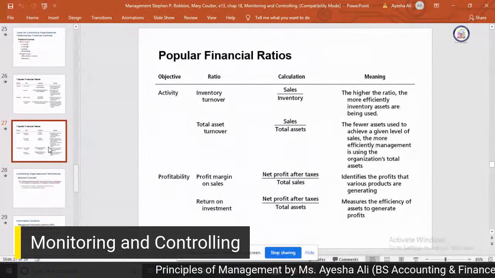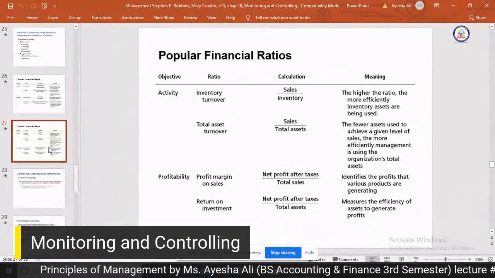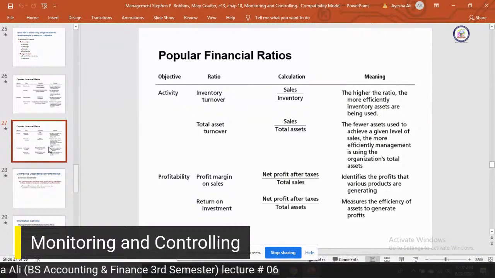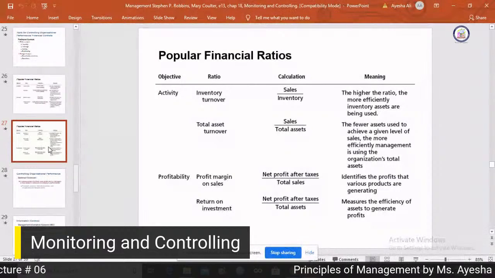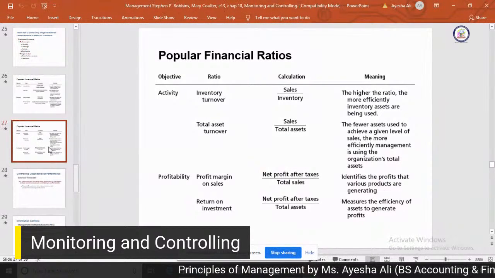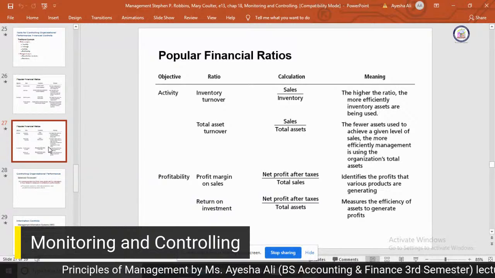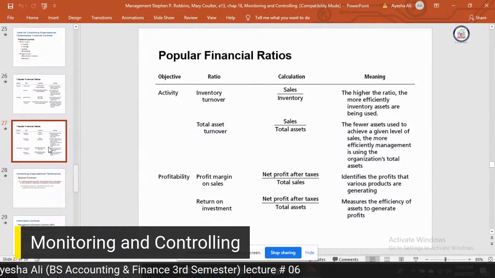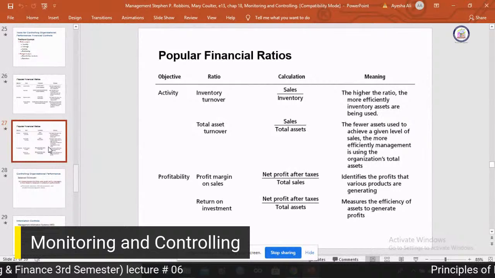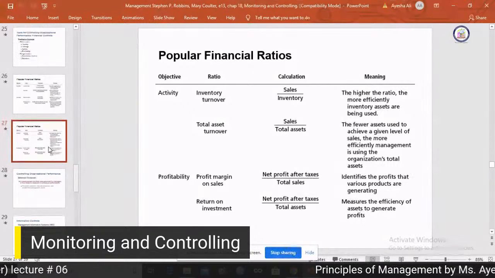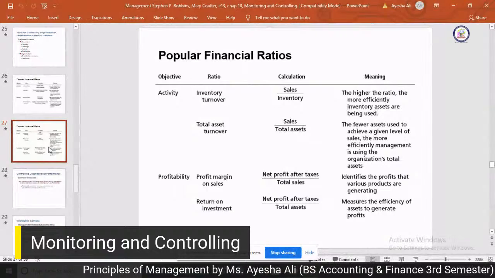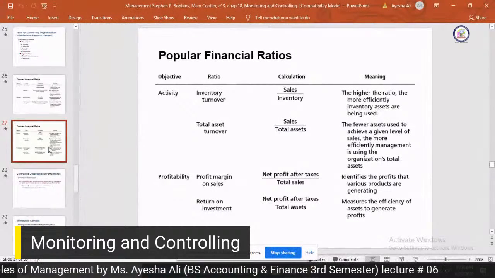So we take the sales of the organization and divide them by inventory. If the ratio is high, it means the organization is using its assets efficiently and effectively. If the ratio is low, it means the organization is not using its inventory effectively and efficiently. Then we have total asset turnover, which is sales upon total assets.